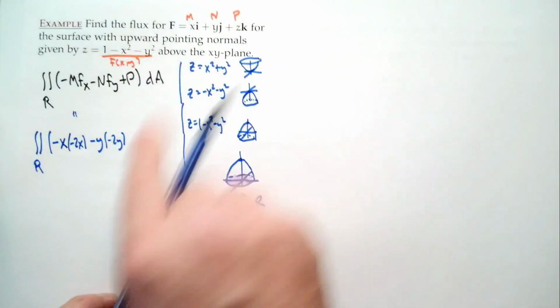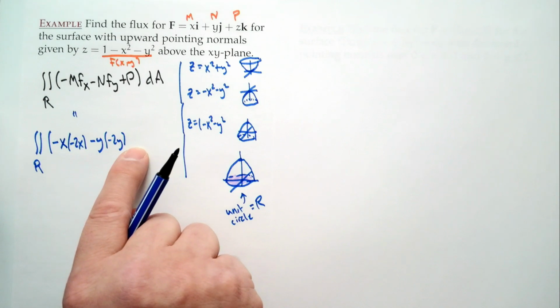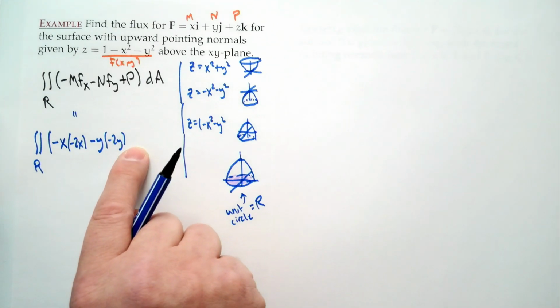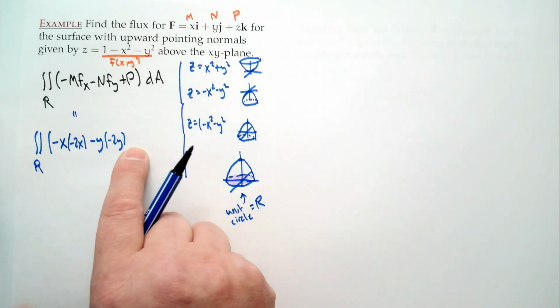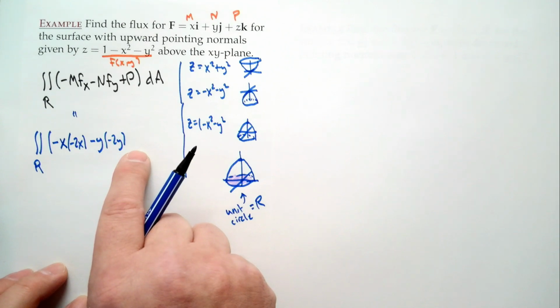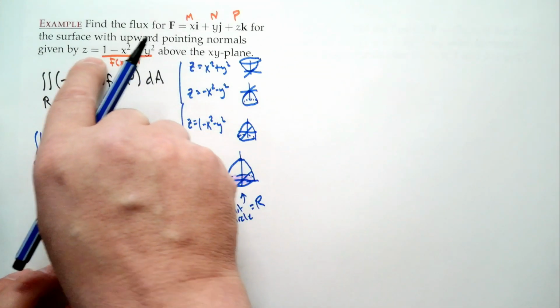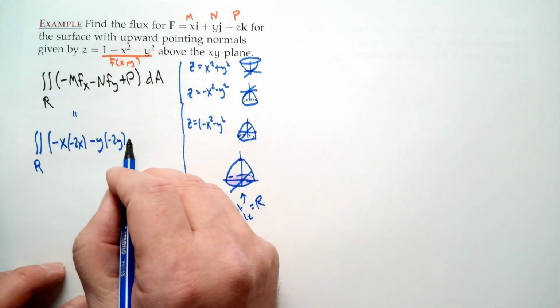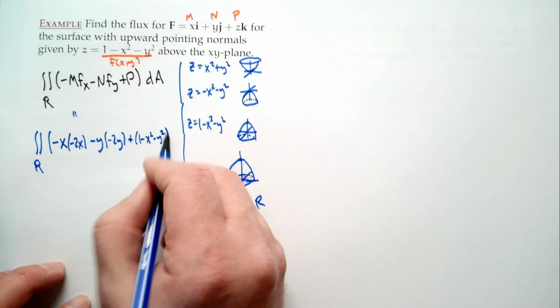Well, do I put plus z here? And why not? I need it in terms of x and y. See, z is not in terms of x and y, it's z. So how do I make it in terms of x and y? I use the function. See, there's this z equals. So p is going to become 1 minus x squared minus y squared.